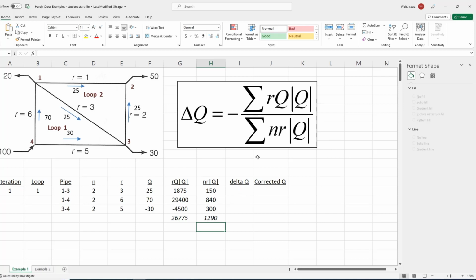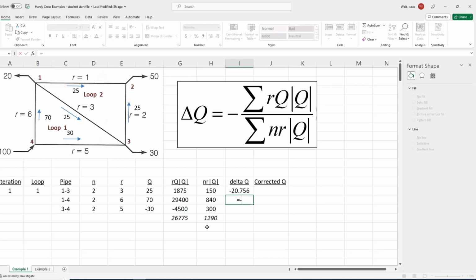Okay, all right. So now, the delta Q is this formula. Here it's equals negative of this divided by that. We're going to type that formula in again. We're not going to just use anchoring and drag it down. We want it to be dynamic, so I'm going to type it in again.